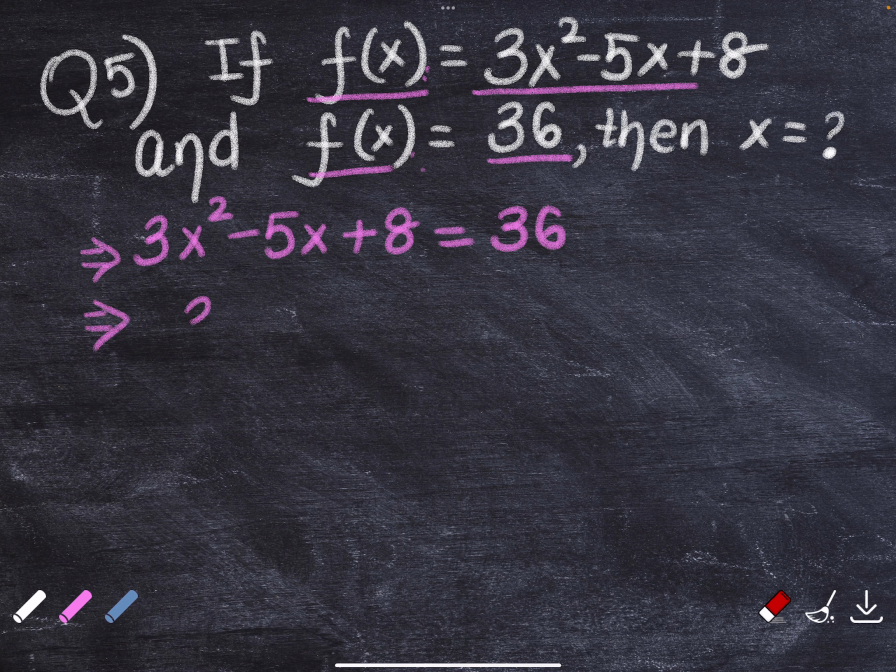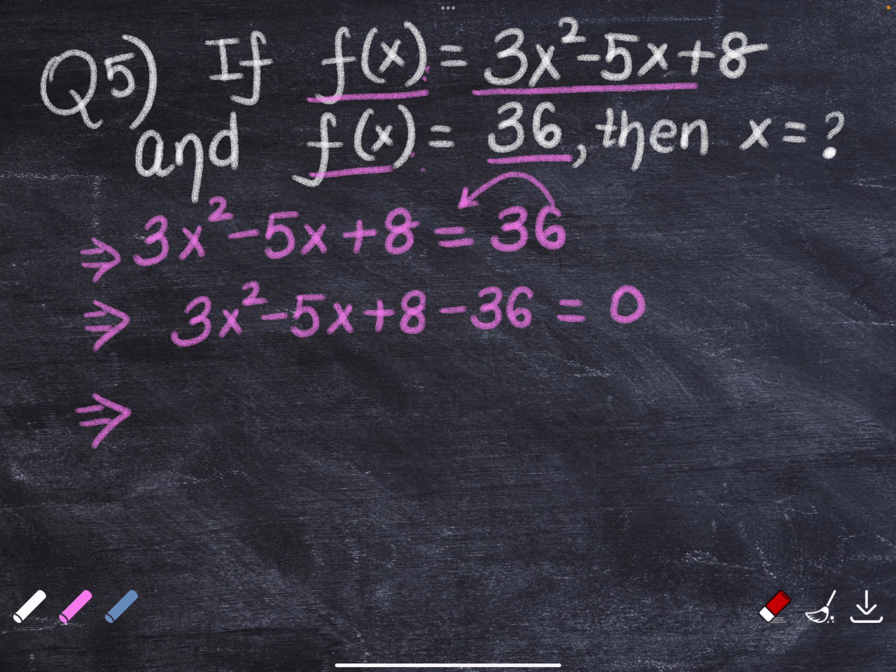In order to solve it, we need to put it equal to 0. So it is 3x squared minus 5x plus 8. I bring the 36 there and make it equal to 0. Minus 36 equals 0. Next up, I have 3x squared minus 5x, and then 8 minus 36 is negative 28, equal to 0.